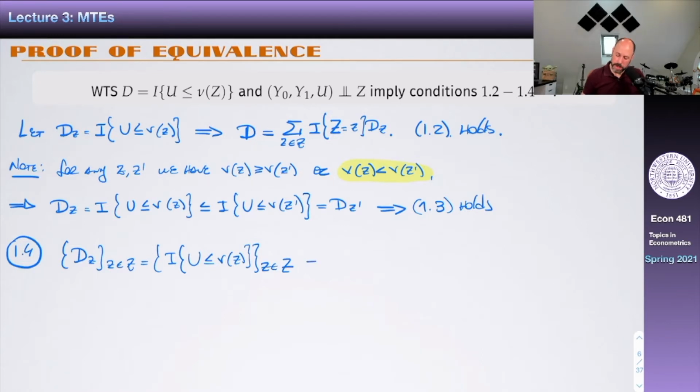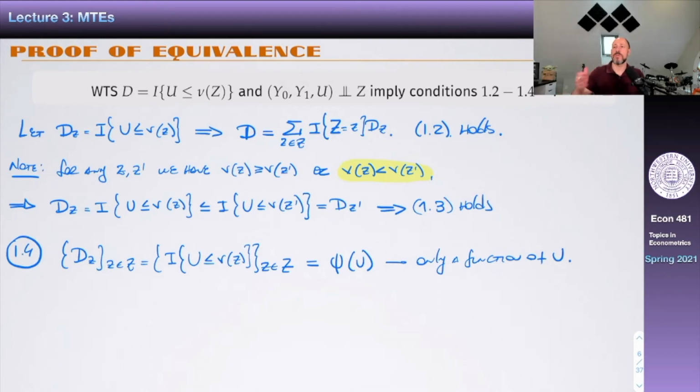And this you can write as a function of u. The only random variable in that thing is u, because the c's are just fixed.